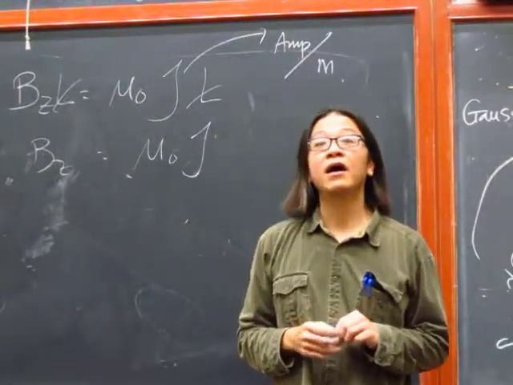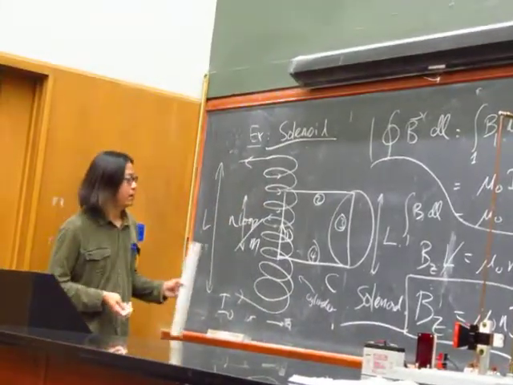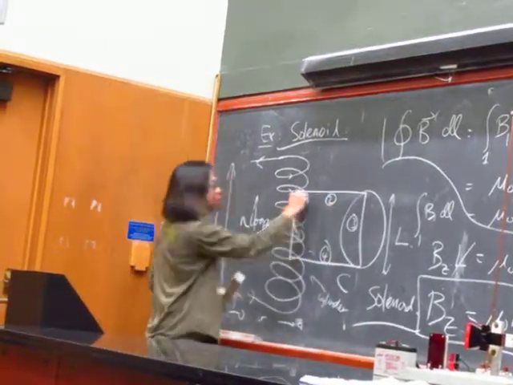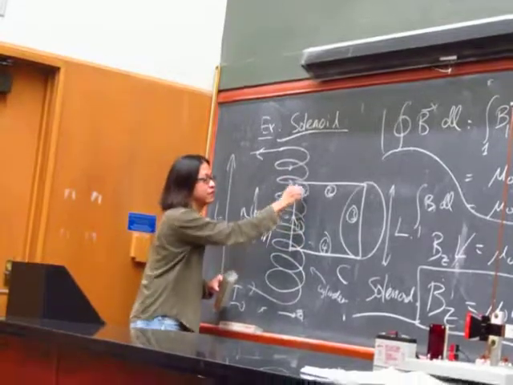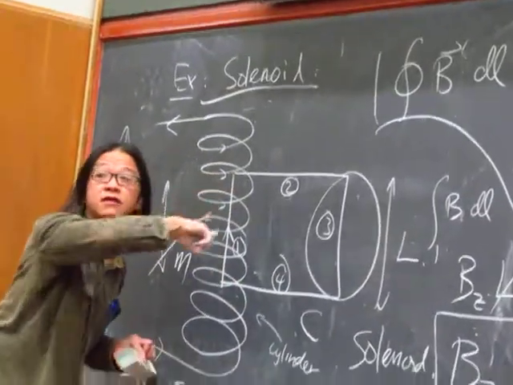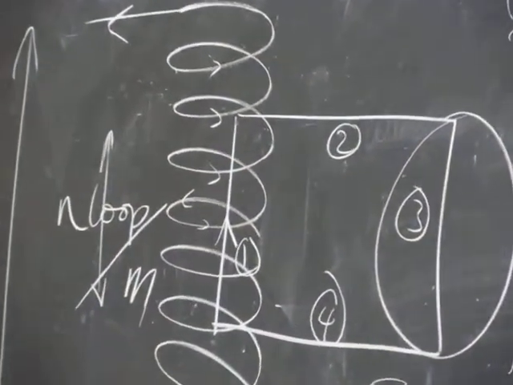Because I'm creating this loop, that encloses n times L piercings of this current through C. So back to our example.